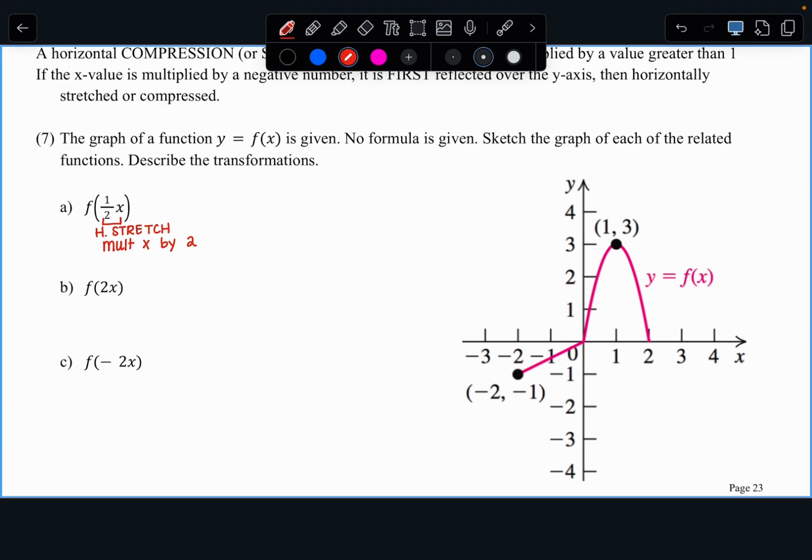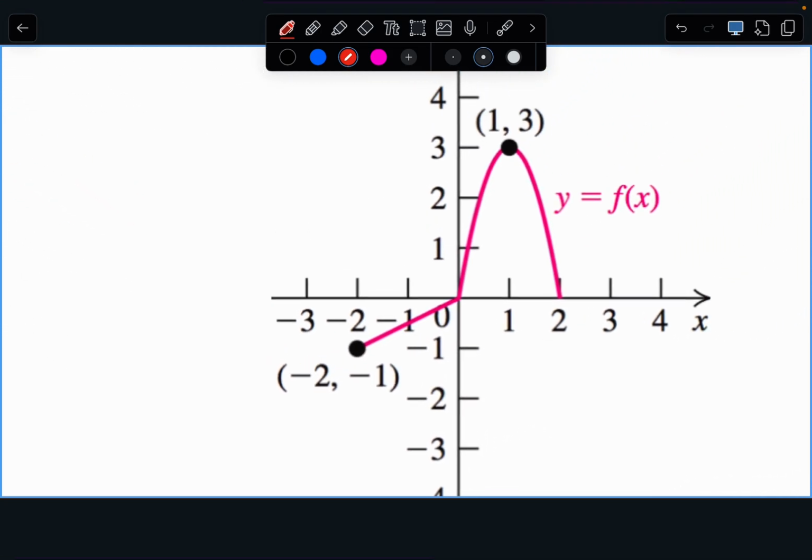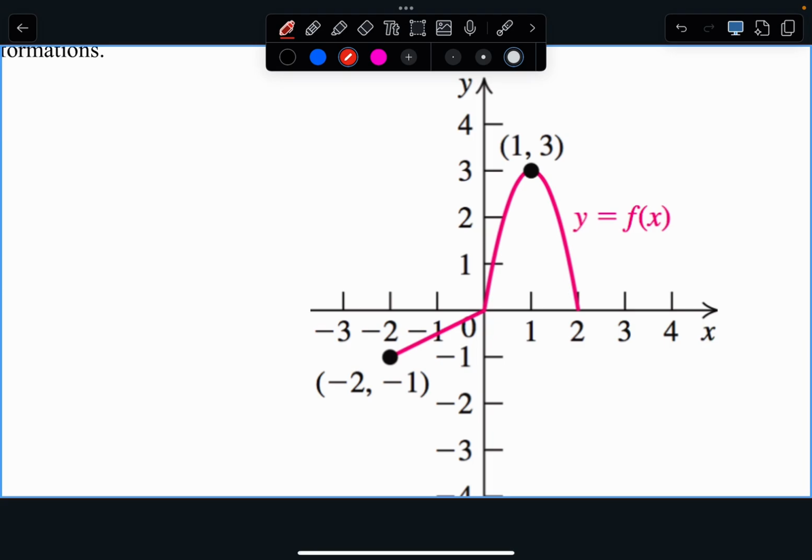We want to multiply our x values by 2. So that would be -4, -1. Zero, 0, even if I multiply that x value by 2, it's still 0. 1, 3 would turn into 2, 3. And 2, 0 would become 4, 0.